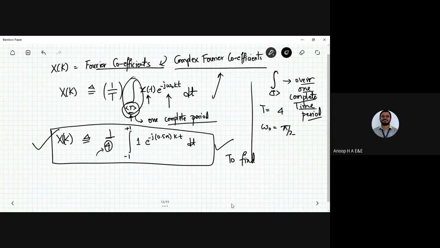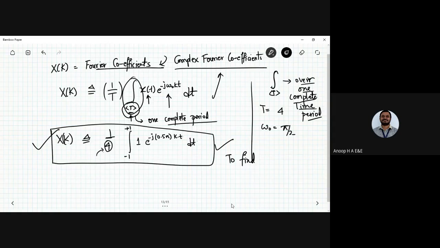Keeping that in mind, I am taking the average value from the waveform. How did I write that waveform? Using this x of k, I have represented the Fourier coefficients over this equation, the definition of it. It is saying that it is for one complete time period.